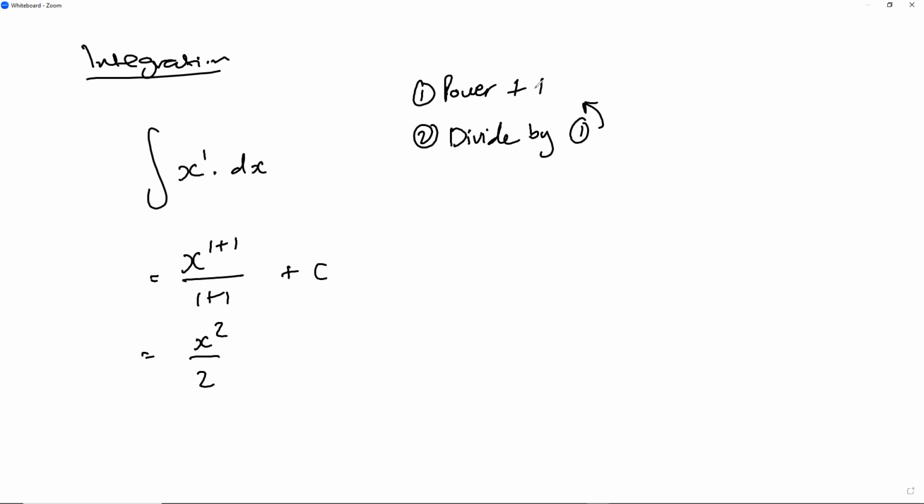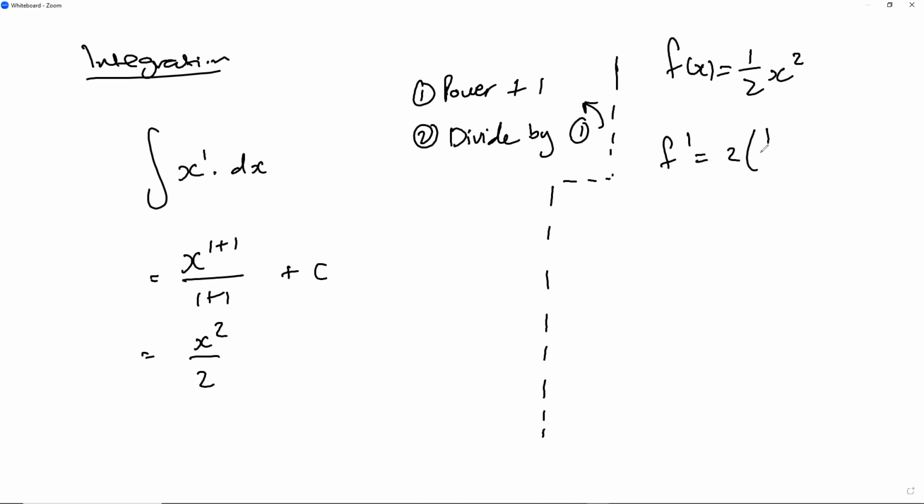So what are we doing here? We're adding 1 and then we're dividing by that answer, which is actually the reverse of differentiation. Because if I had f of x equals x squared over 2, which is half x squared, then when I derive this function, I'm going to take the 2 and multiply it by half and then minus 1.